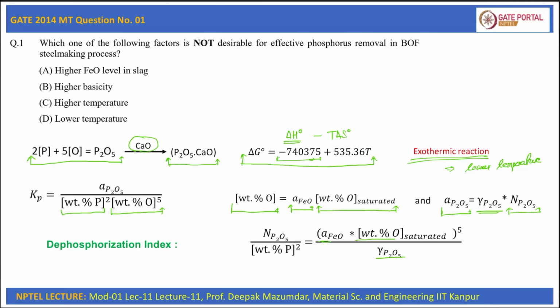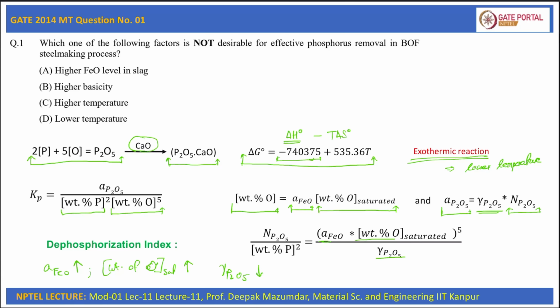So in order to get a higher dephosphorization index, we need a higher activity of FeO, a higher weight % of oxygen saturated, and a lower gamma P2O5.